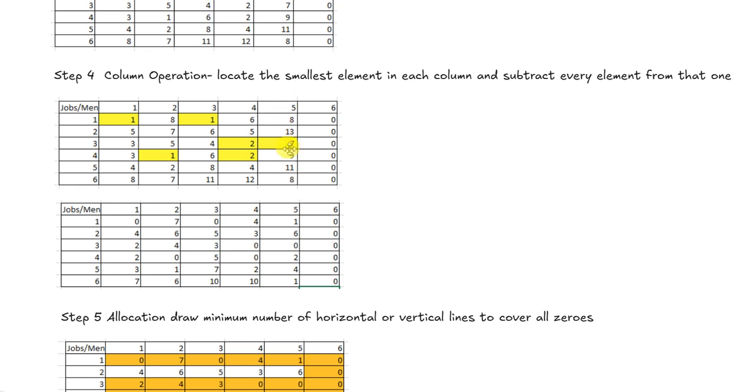In column 5, 7 is the smallest number. Column 6 you can ignore because everything is 0. Repeat the same step. Subtract the smallest number from every number in that column. So for example, the first column becomes 1 minus 1, 0, 5 minus 1, 4, 3 minus 1, 2, and so on. Repeat this for the entire matrix.